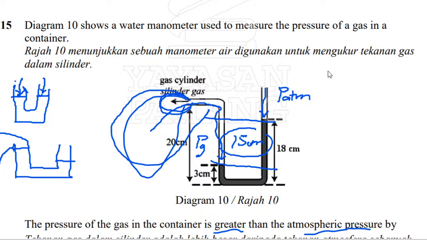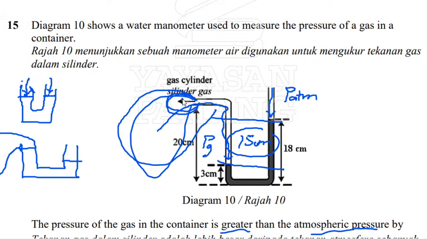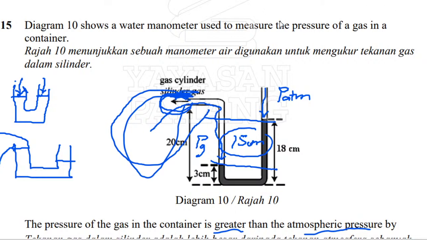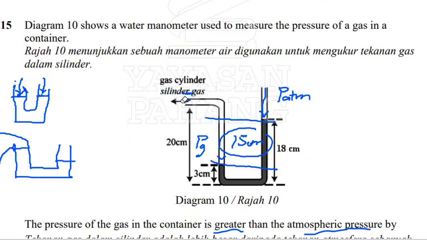Don't confuse with the arrow. This arrow only shows that the left arm of the manometer is connected to the gas.